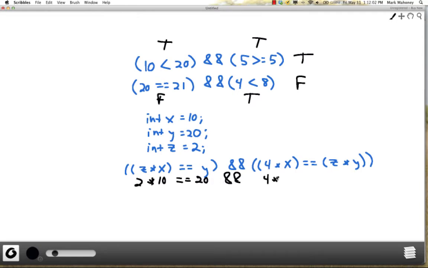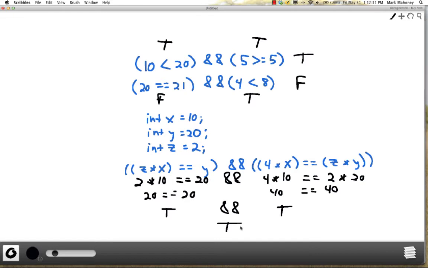We have 4 times x, which is 10. Is that equal to z times y? 2 times 20. So 2 times 10 is 20. Is 20 equal to 20? That's true. 4 times 10 is 40. Is 40 equal to 2 times 20, which is also 40? That's true. True and true, so we know this overall expression evaluates to true.